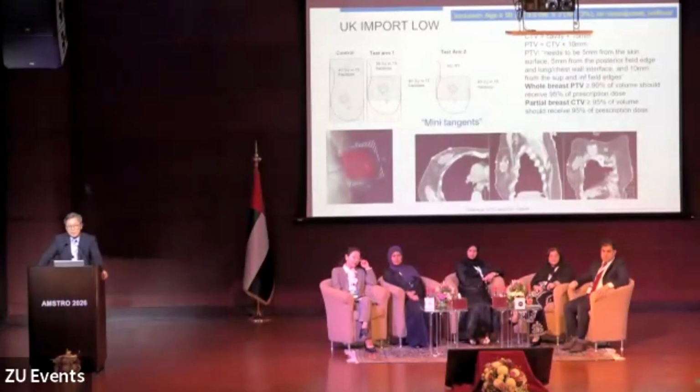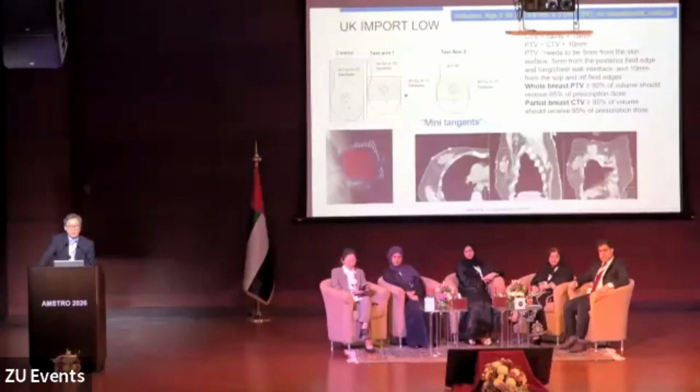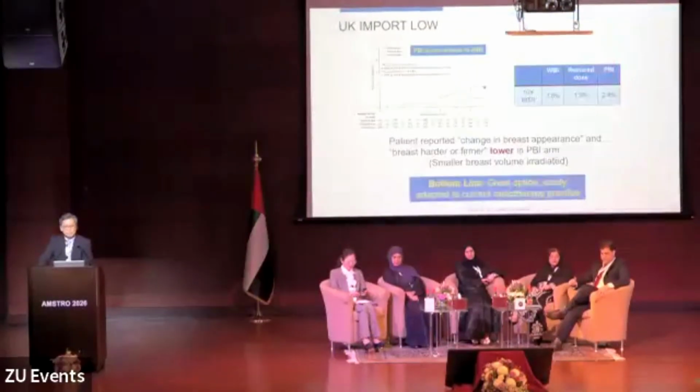We're going to switch gears, and I just wanted to bring this study up. The UK IMPORT LOW was looking at the radiation field. So the control arm was the hypofractionation arm, 40 gray in 15. There are two test arms. Test arm 1 was the lower dose to the whole breast to 36 in 15, and maintaining 40 gray to the mini tangents, I call them. And then the test 2 arm was just purely the mini tangents around the lumpectomy cavity and defined as shown there.